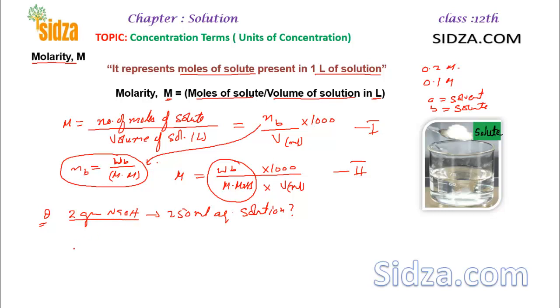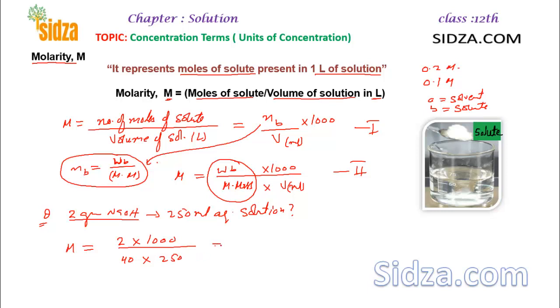The molarity of the solution will be the weight of solute, WB, which is 2 grams, times 1000, divided by the molar mass of NaOH, which is 40, times the volume of solution, 250 mLs.